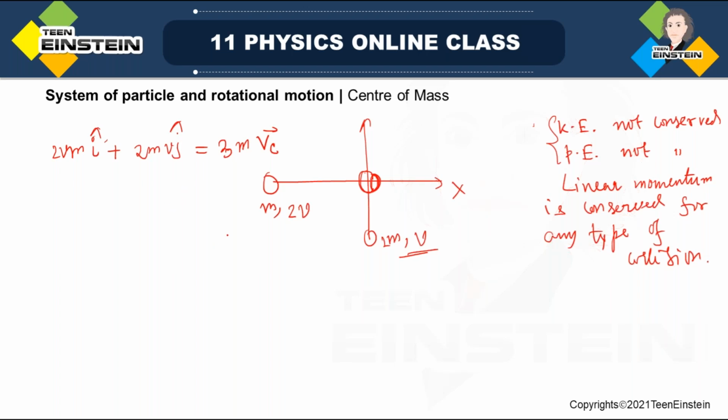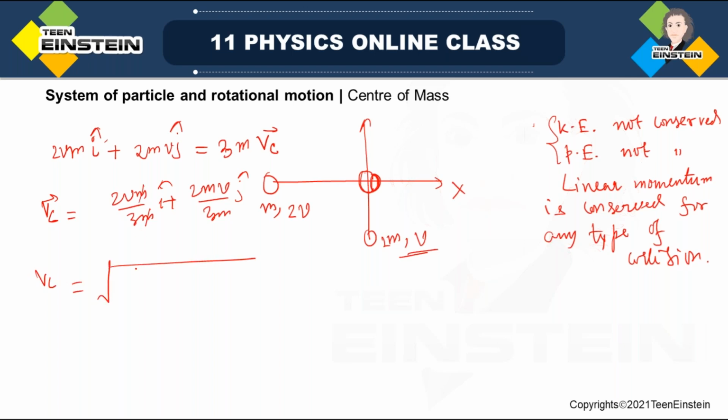Now to find out the magnitude of this, vc will be 2vm by 3m i cap plus 2mv by 3m j cap. Now what will be the magnitude of this?